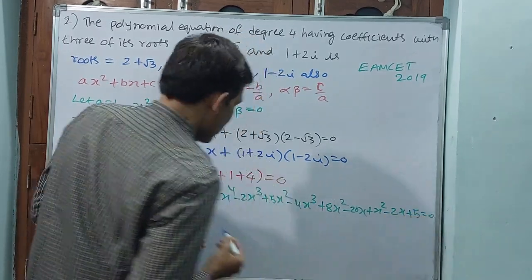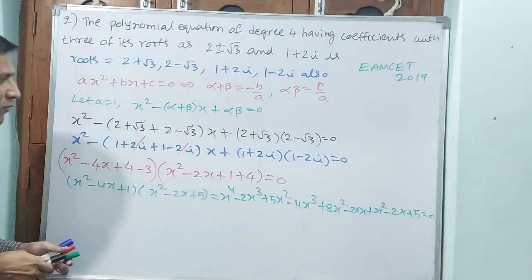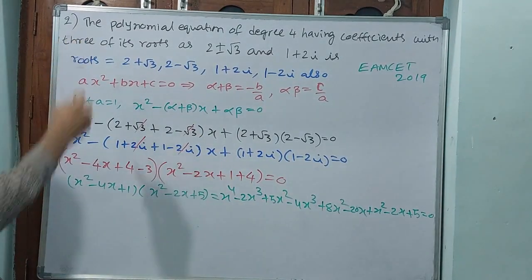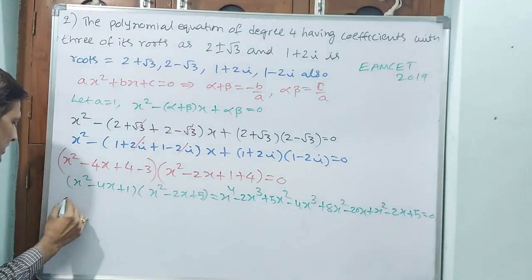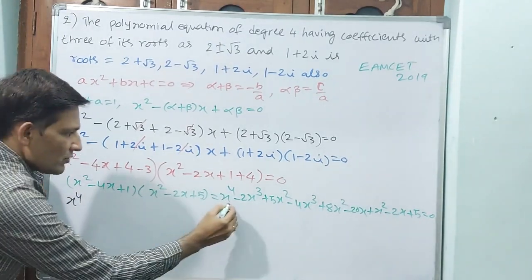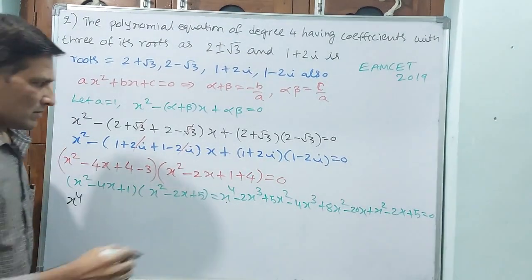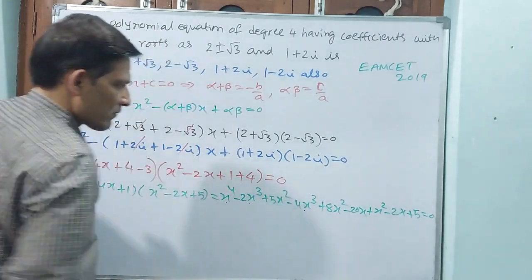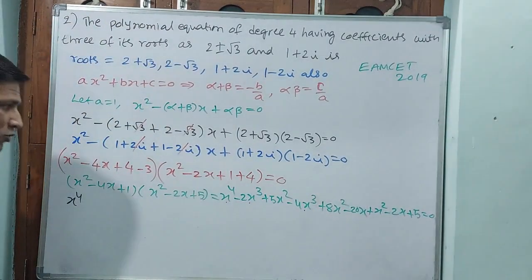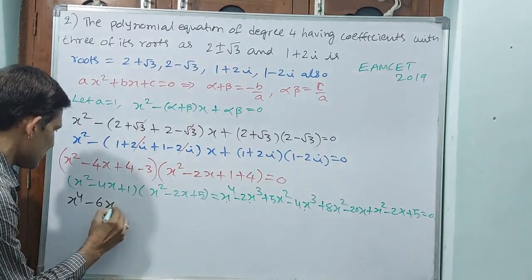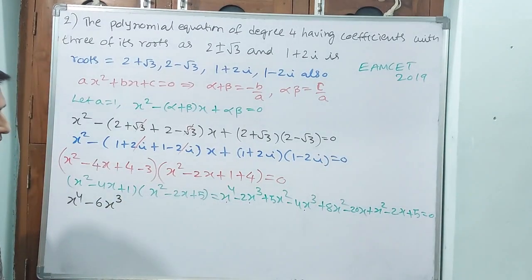Now you write 0. Okay, now you see x to the power of 4 will always be only one term in this. Okay, x to the power of 4 you write directly. This is over. Now go for cubic. See minus 2 minus 4 is minus 6x cube. x cube story over.